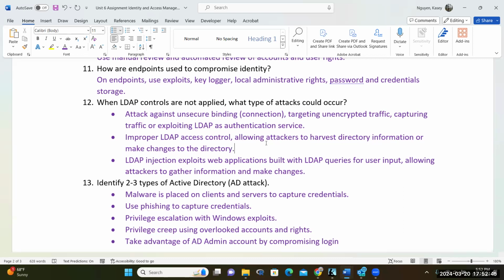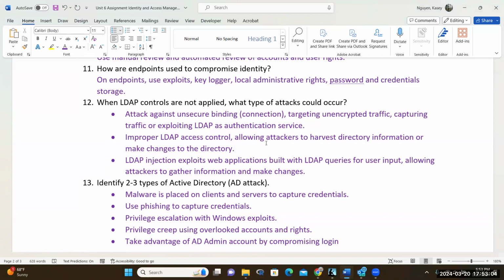LDAP injection can also occur. This is through web applications. So as you know, the user can log into their bank account or pay bills online, and that's through an authentication system. So it uses a directory service, so LDAP is used.